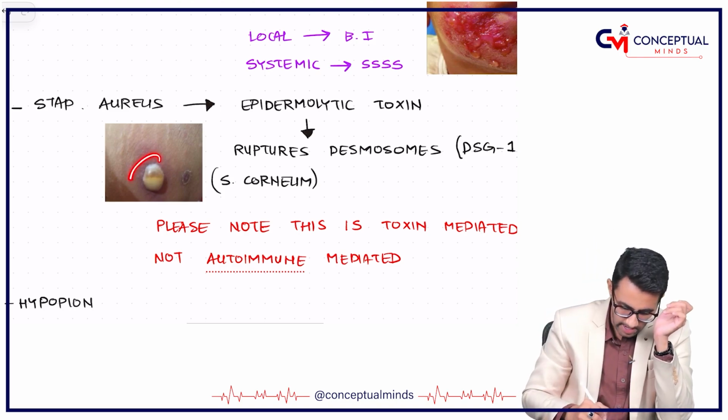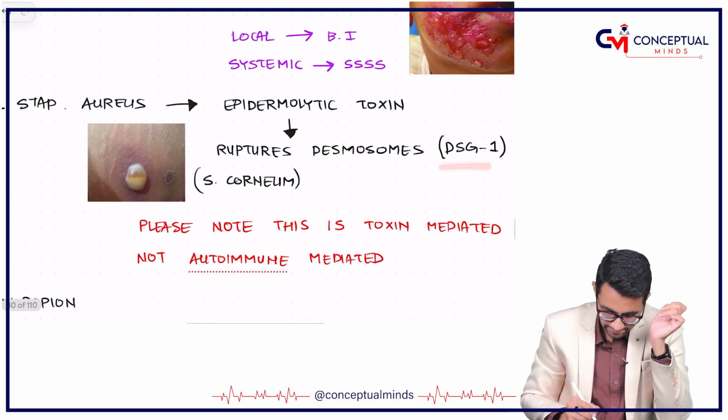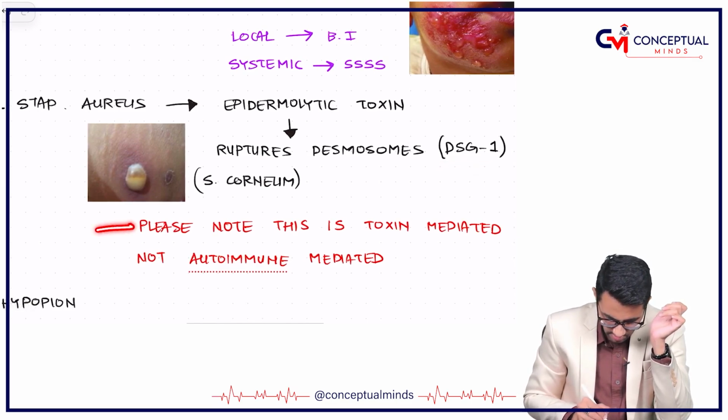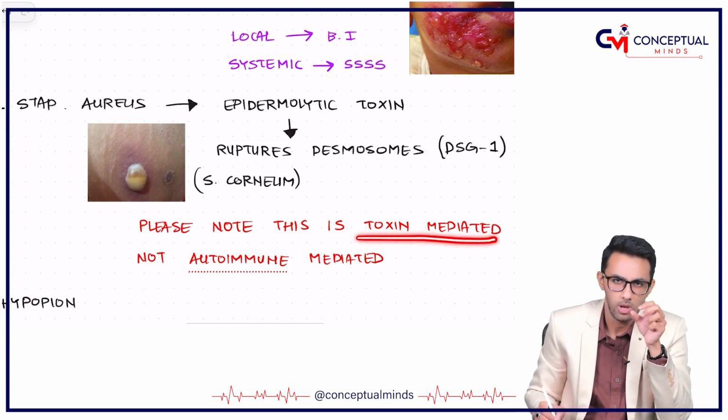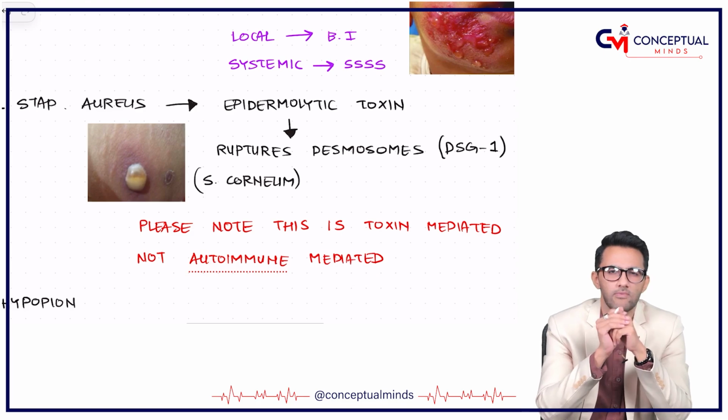Over here I want you to focus on two things. First is DSG1, and right here, that this is a toxin mediated bulla, and not an autoimmune mediated one. Why did I write this here?